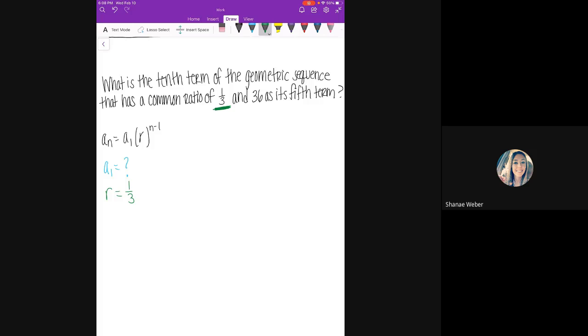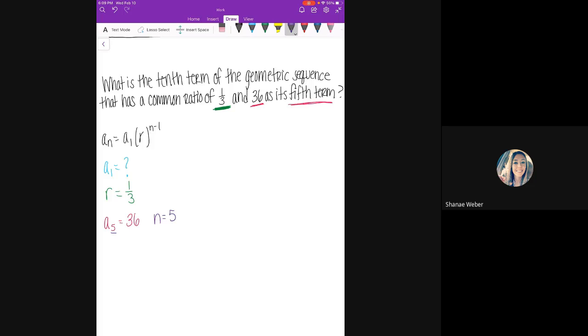And I know that my 5th term, a sub 5, is 36, because it tells me 36 is my 5th term. And we do need that information. Okay, and n kind of changes here depending on what we're doing. But if I'm finding a sub 5, then n is 5.